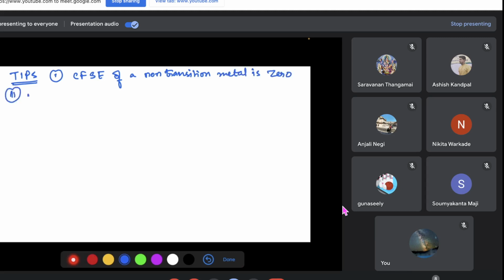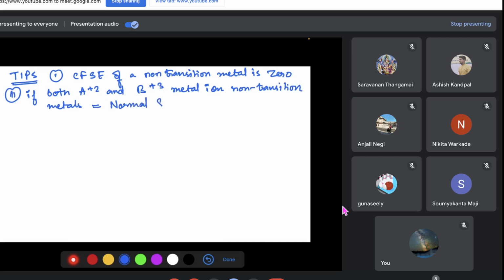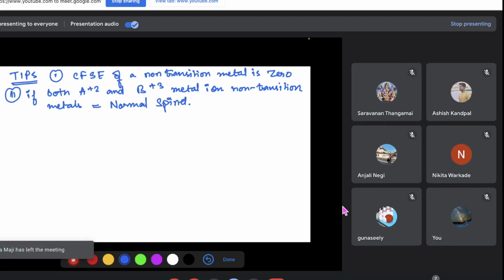And number 2, if both A plus 2 and B plus 3 metal ions are non-transition metals, then they belong to normal spinel.